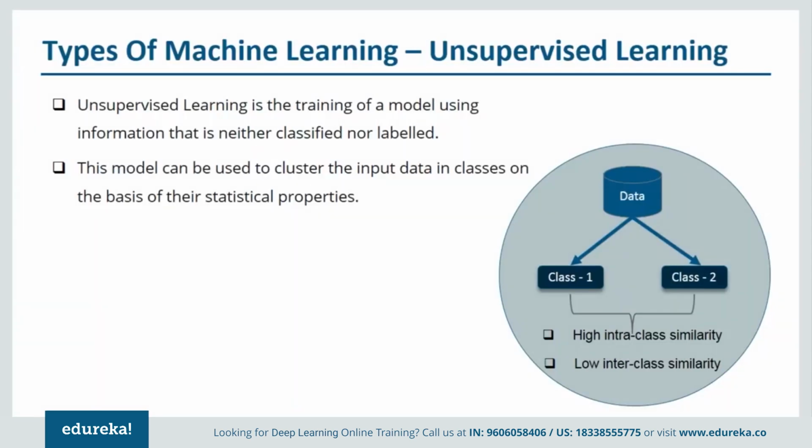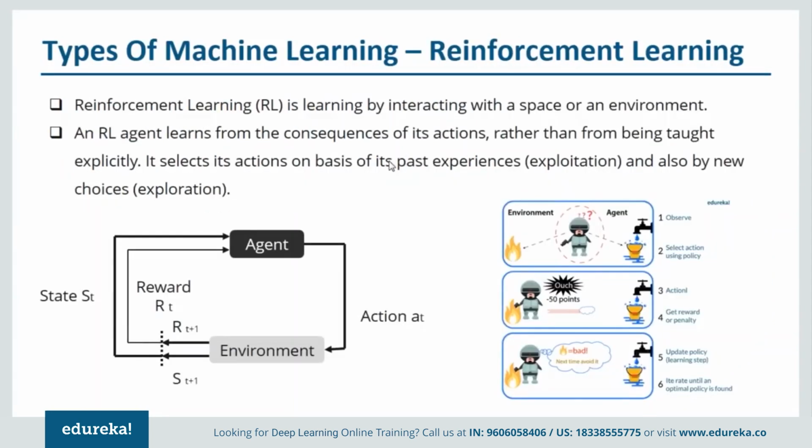Alright, so this brings us to our next type of machine learning, which is called reinforcement learning. Now what happens in reinforcement learning? The machine learns by interacting with space or an environment. So it learns with its past experience, and also by new choice exploration. Now I'll take the analogy of dogs.